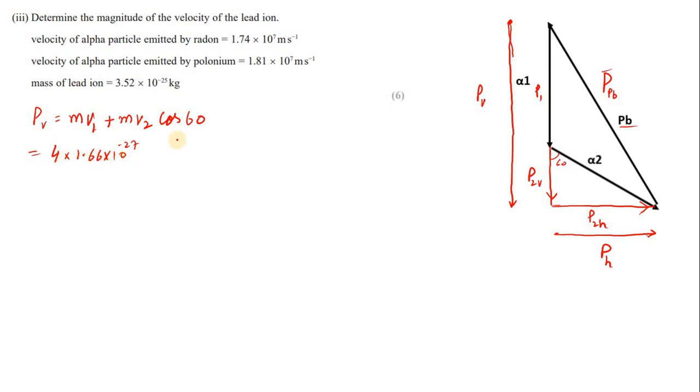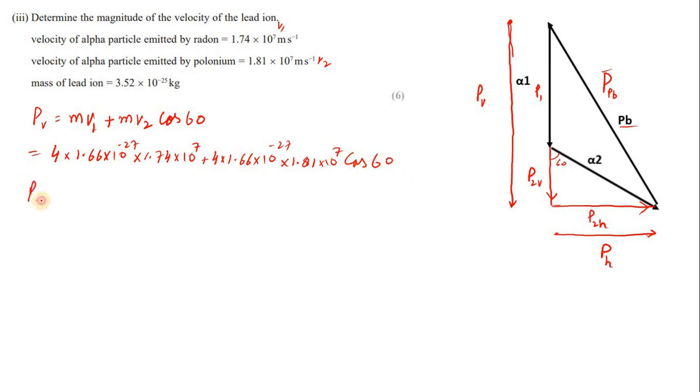This is the mass of the alpha particle times its velocity V1, which is 1.74 times 10 to the power 7, plus the mass of the second alpha, which is the same, 4 times 1.66 times 10 to the power minus 27, times V2, which is 1.81 times 10 to the power 7, cos 60.